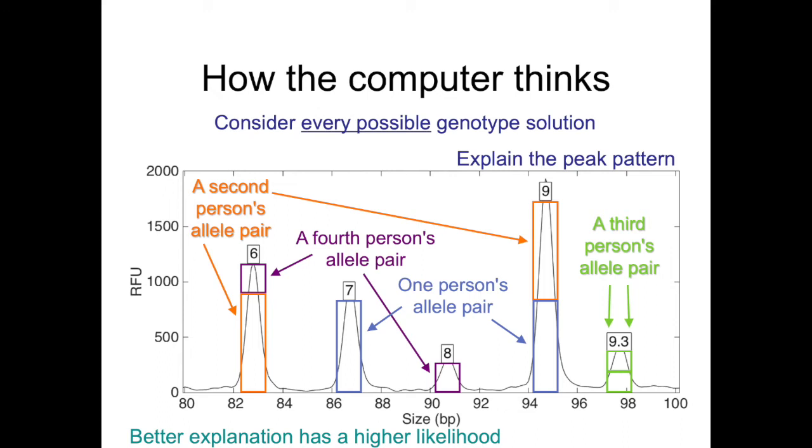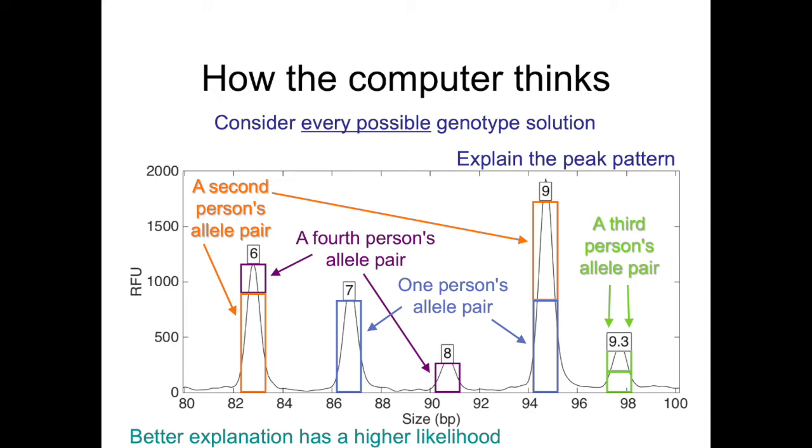And then a third allele pair in green. It's put on over here. And then a fourth allele pair in purple. The computer proposes patterns like this. What are the genotypes of 4 people at this location? That's what it's trying out. Where do the allele pairs go?